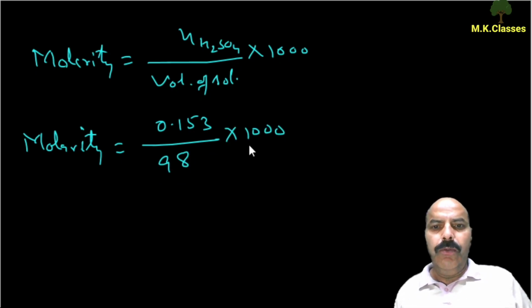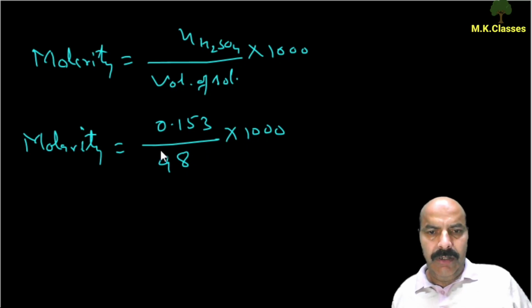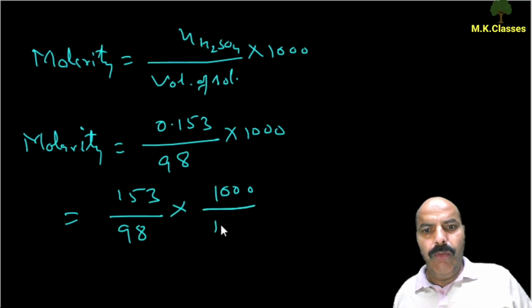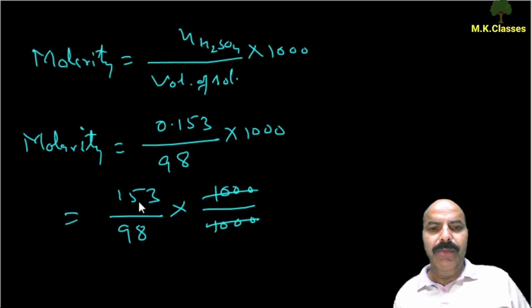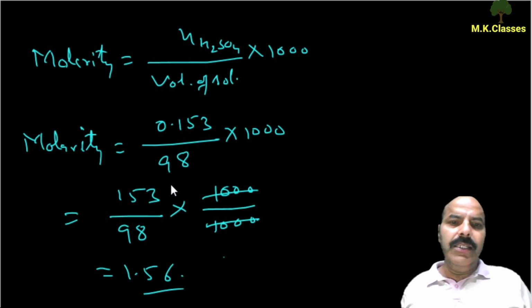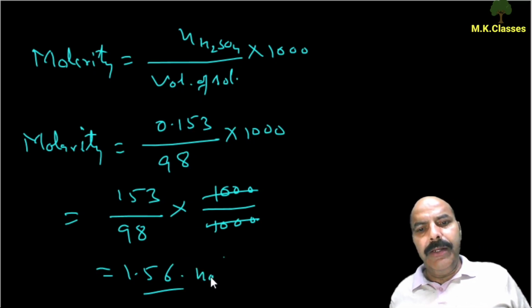Is that clear? So beta, to remove the decimal point, what do we do? 153 upon 98 into 1000 divided by 1000, because I removed the decimal point from here, beta, this goes left, simply with you 153 upon 98. So again I am using a calculator children, but you don't have to use a calculator, you have to do the calculation yourself. It is just equal to 1.56. So beta, this is the moles per liter.